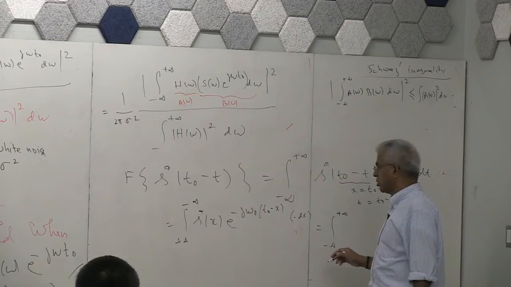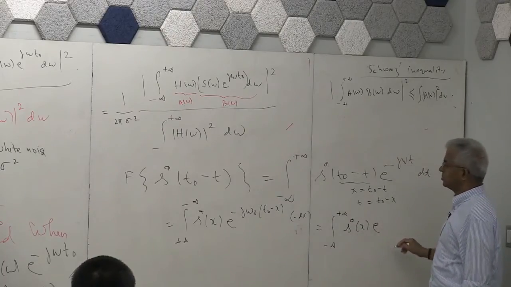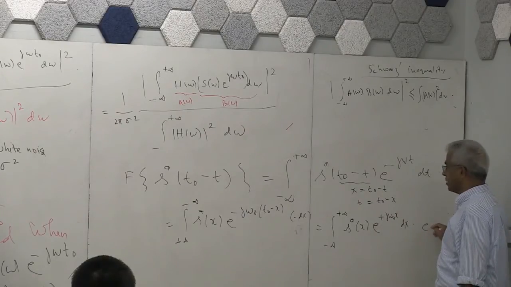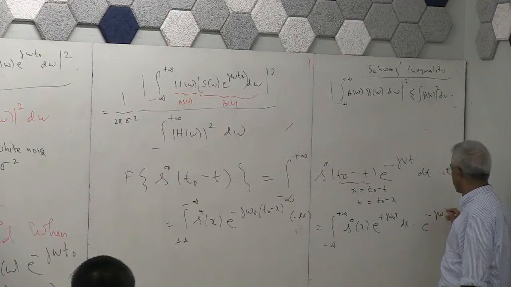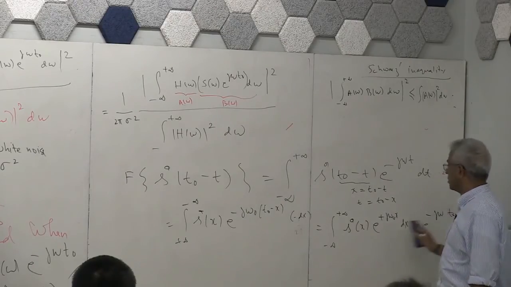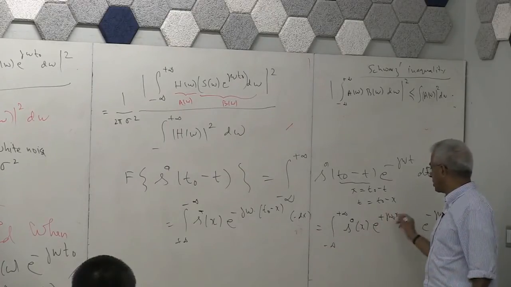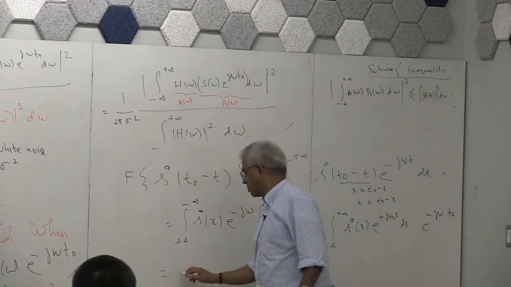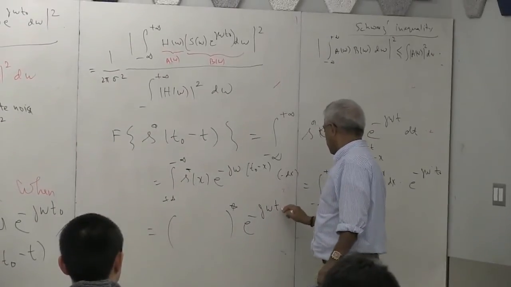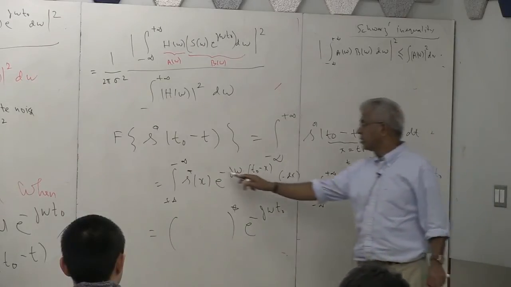And we can actually pull out: this is now the integral of s star of x e raised to plus j omega x dx, multiplied by e raised to minus j omega t naught.